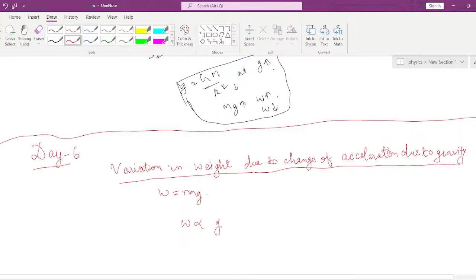Since the value of g on Earth changes according to location, the weight of an object also changes. I already told you that the Earth is not perfectly round. So at the pole and at the equatorial region, the value of r is different. At the pole region the radius is smaller.